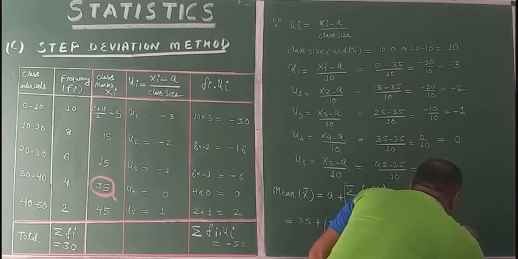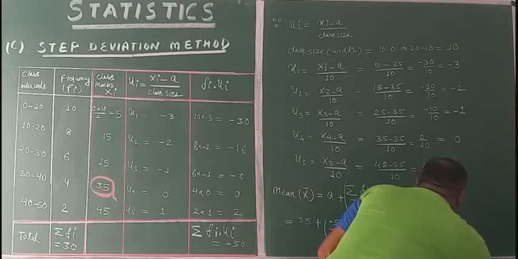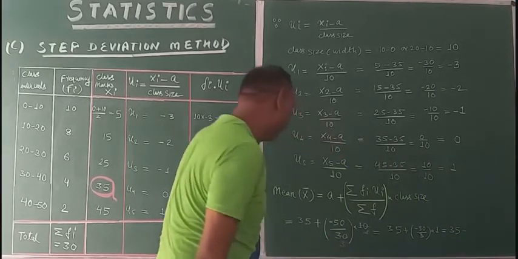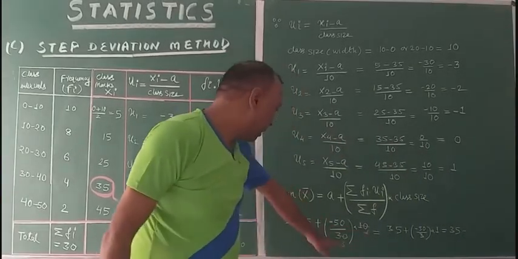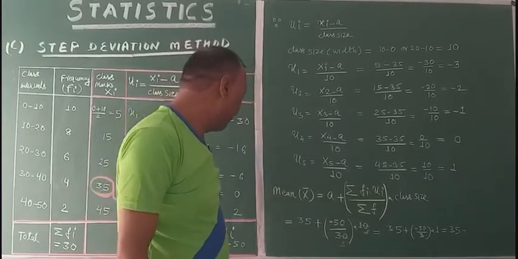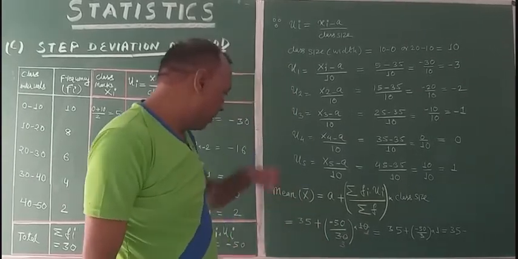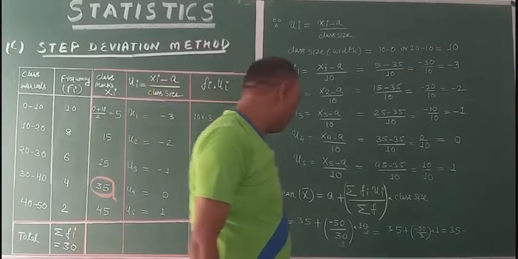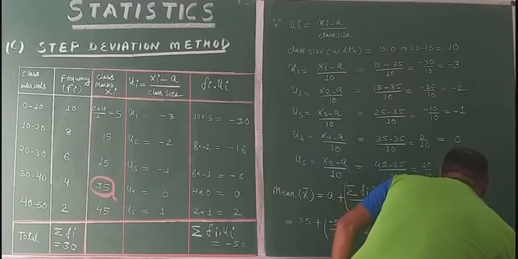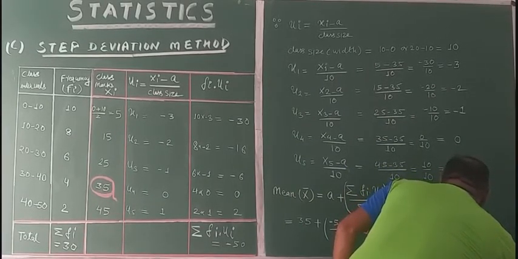35 minus, this one, 10 ones are 1, and 10 threes are 30. So this will become minus 50 upon 3.